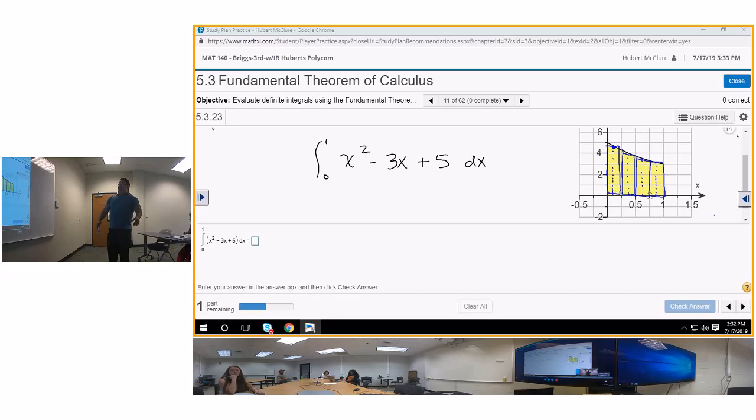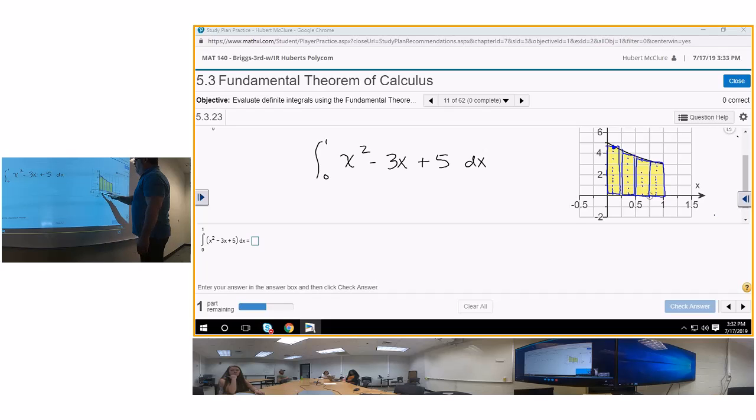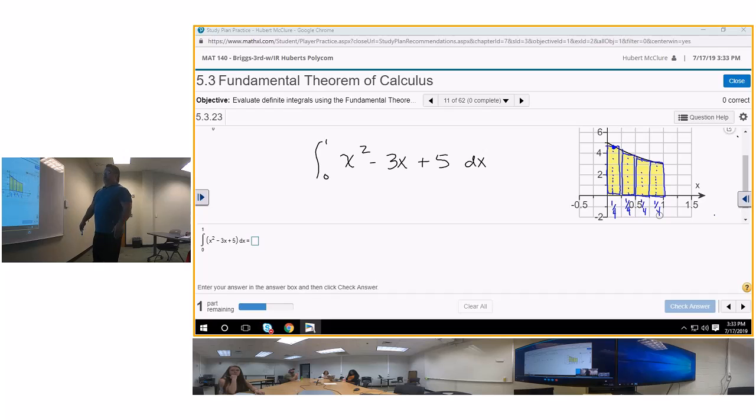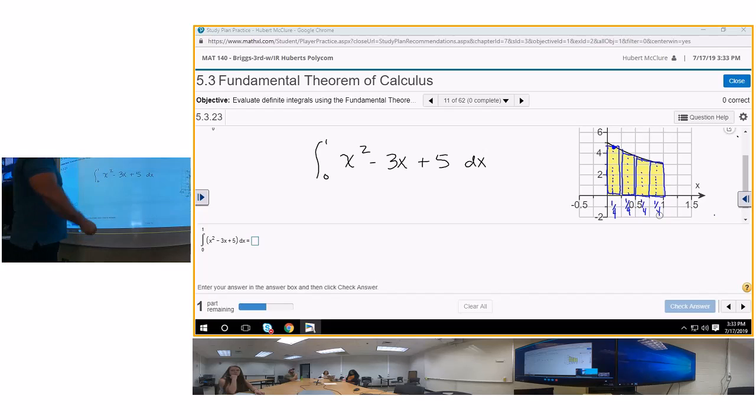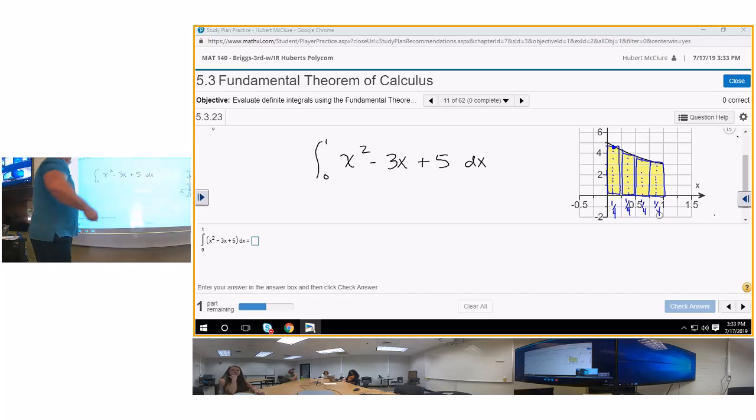Okay. Let's take the width of this rectangle. The width of this rectangle is 1/4, right? This is 1/4. This is 1/4. This is 1/4. Everybody agree with me? Mm-hmm. Okay. What's the height? Well, you have to take 1/4. So I want somebody to take 0.25 and plug it into this formula.